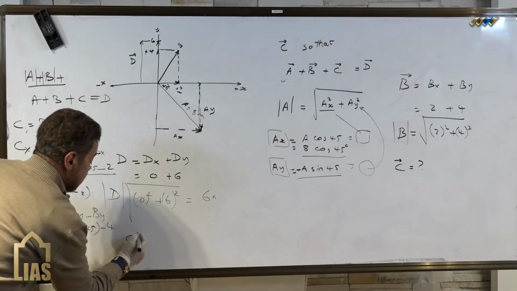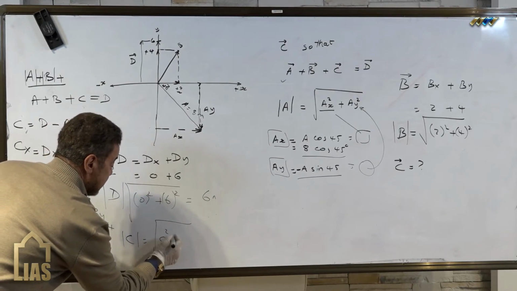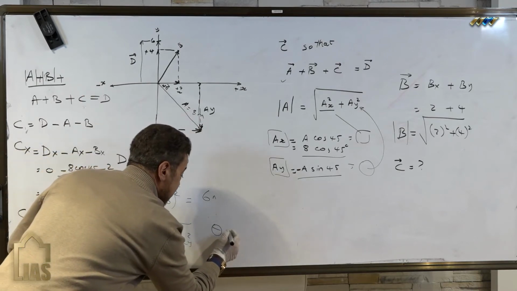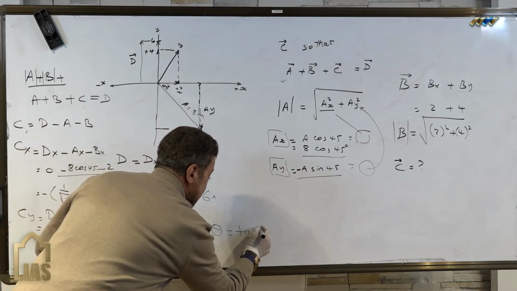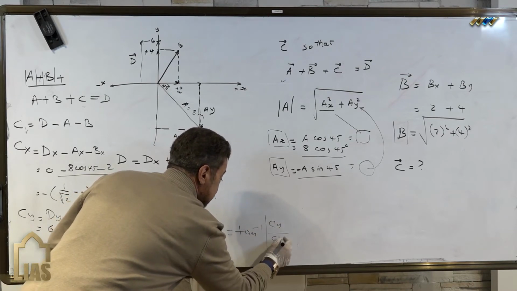C is equal to square root of Cx square plus Cy square. It goes with angle of tan minus 1 Cy over Cx.